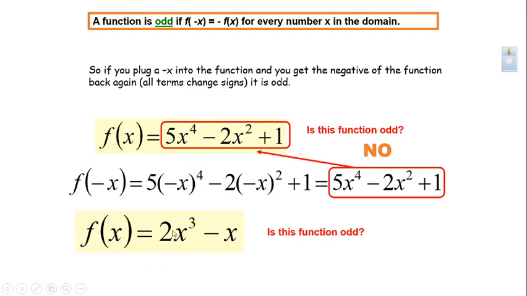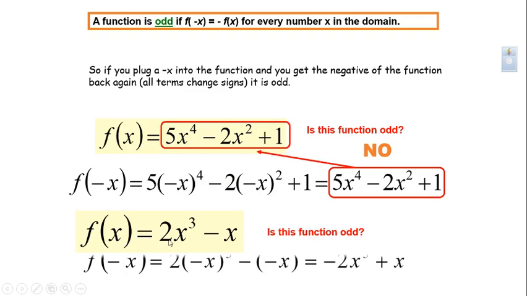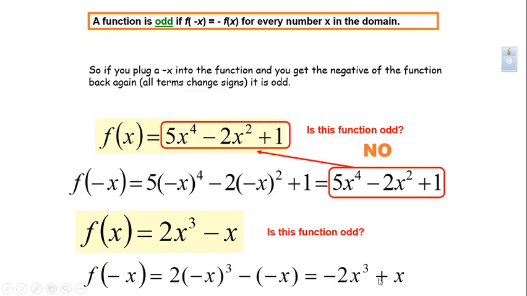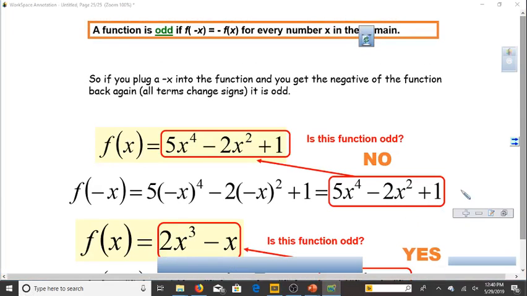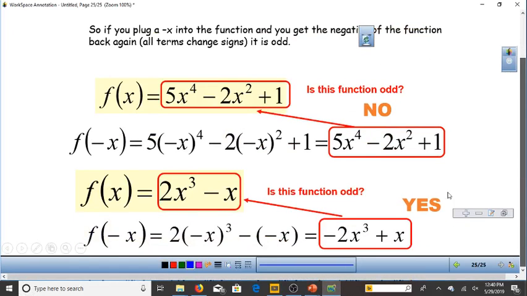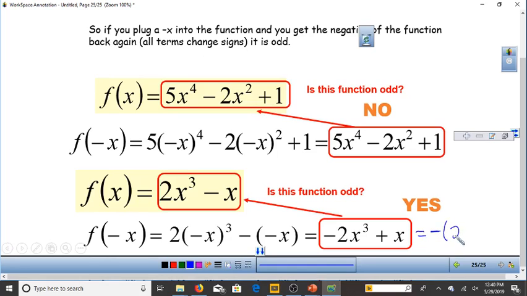For our second example, when I found f of negative x, I ended up with negative 2x cubed plus x, which is the opposite of the original. In fact, if I may indicate here a little bit, I could factor out a negative 1 from the resulting expression, and what is remaining inside the parentheses is the original expression.